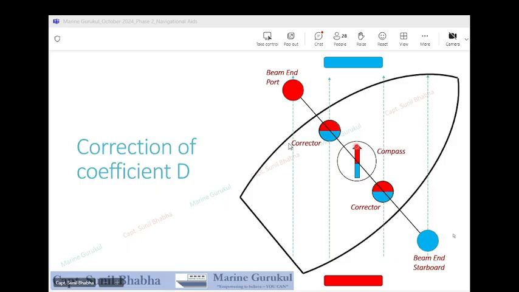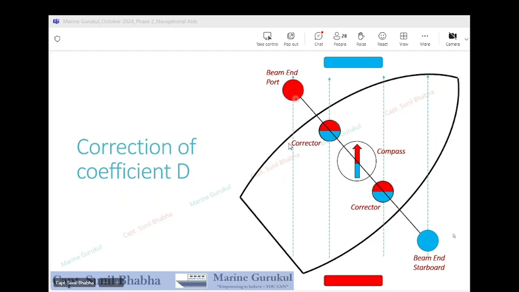North end of the compass needle has a red polarity, the corrector magnet pole closer to the compass has a blue polarity, and blue and red being opposite poles attract each other. This also leads to the magnetic needle swinging anti-clockwise looking from top, thus cancelling out the deviation generated.